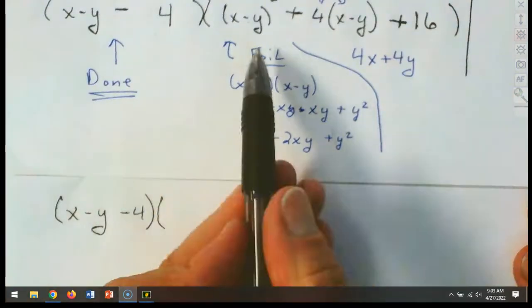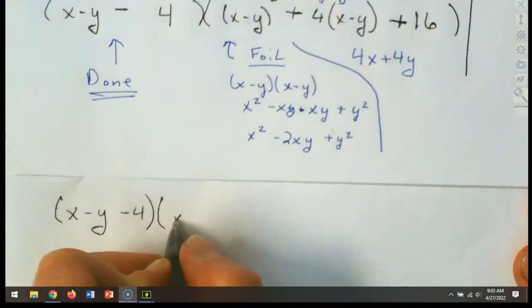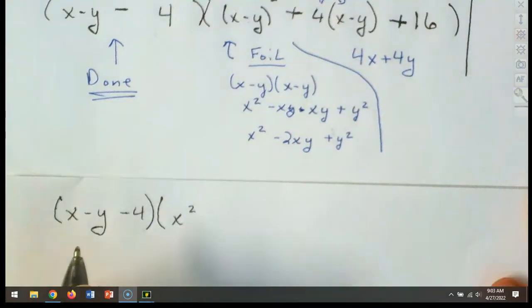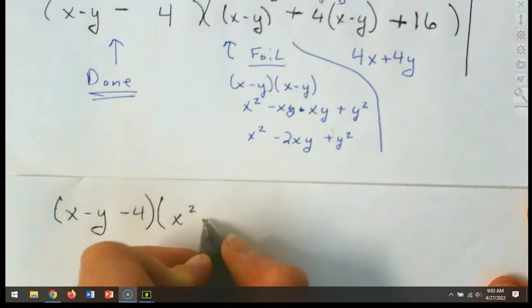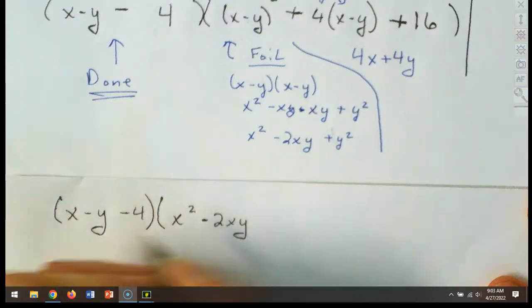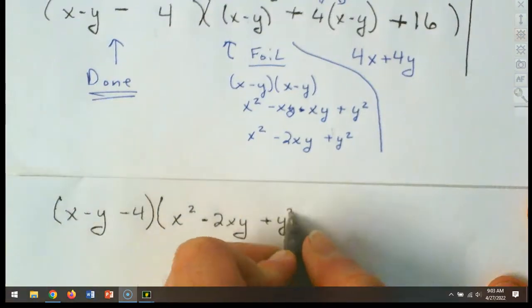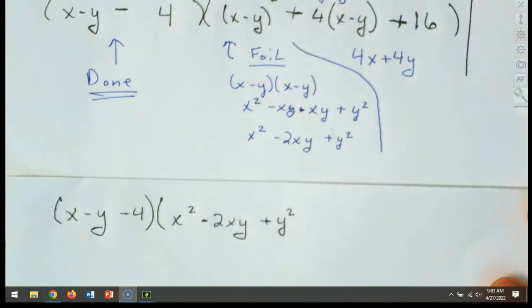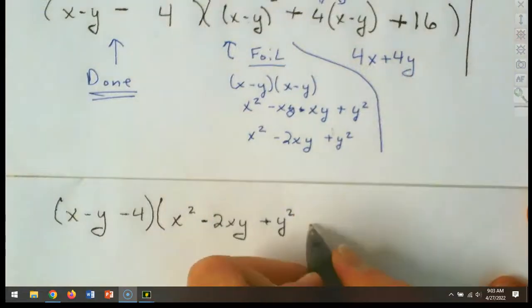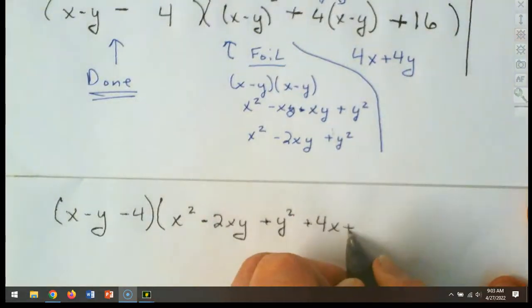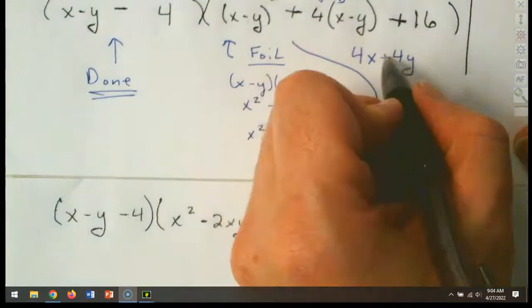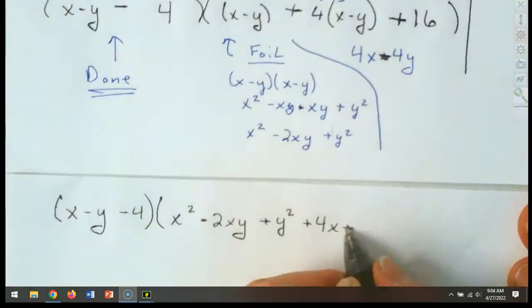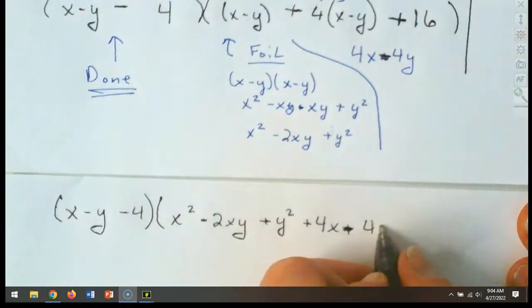Then we had this, which got FOILed out. And so that's x squared minus 2xy plus y squared. Then we have that, the blue part here, which is 4x. It should be a minus. My mistake here. Sorry about that. It should be a minus there. Minus 4y.